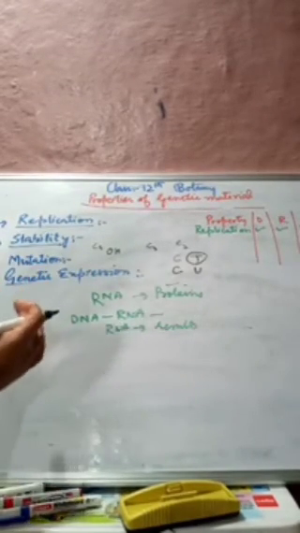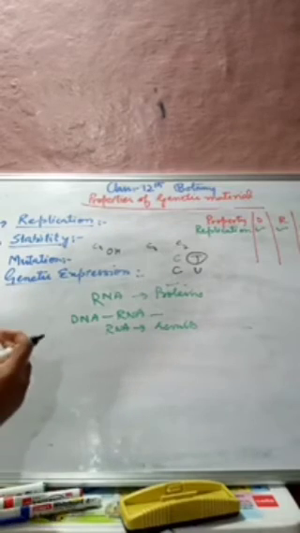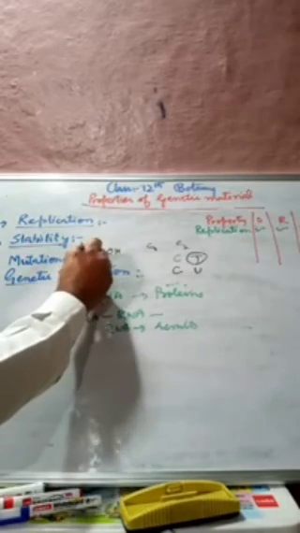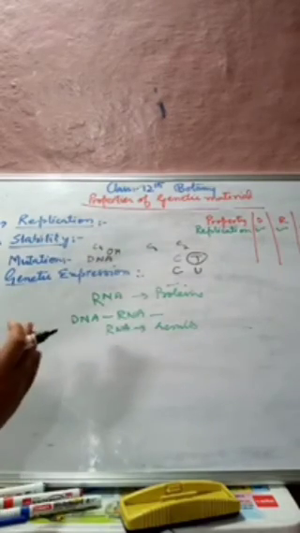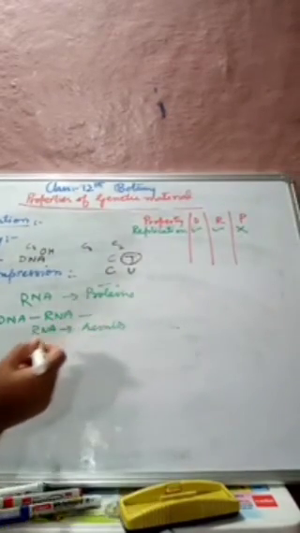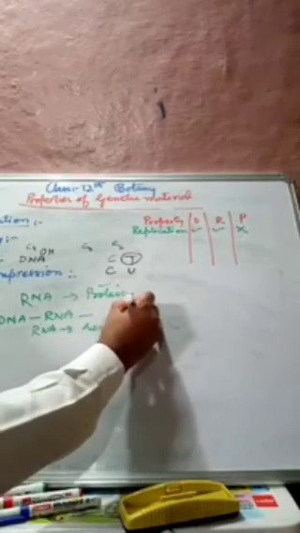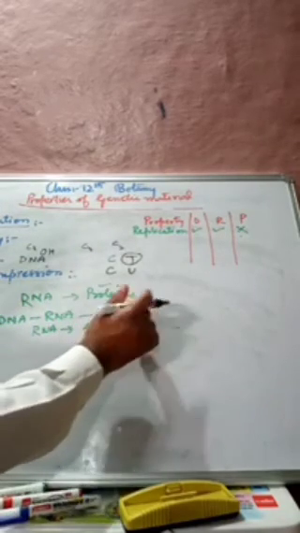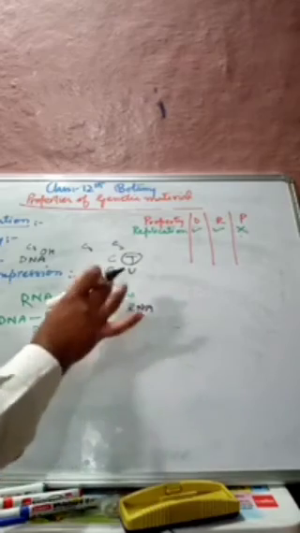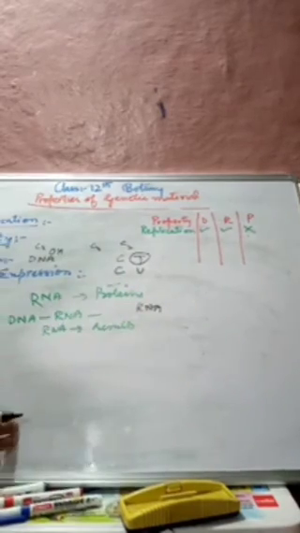Now RNA mutates at a very fast rate compared to that of the DNA. Viruses have the RNA, they mutate, they undergo evolution at a faster rate, so they have a very short span of life.